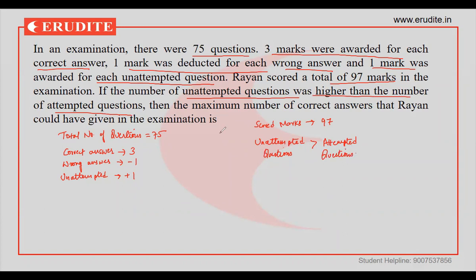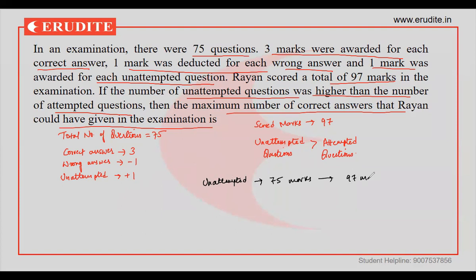It is given that then the maximum number of the correct answers that Ryan could have given in the examination is. So guys, the approach which I am going to use here is that, let's say all the 75 questions are unattempted. In that case, for each unattempted, he is getting 1 mark, so he should get 75 marks, right? But originally he is getting 97 marks.